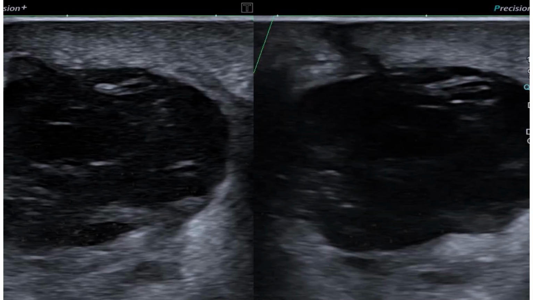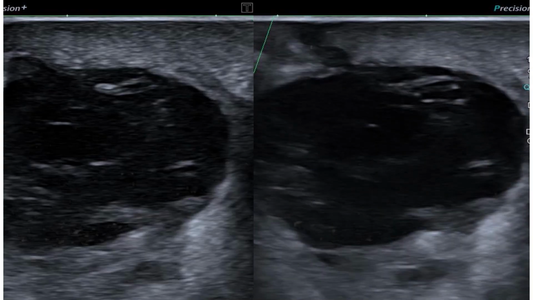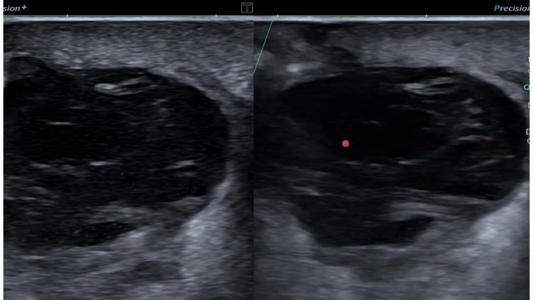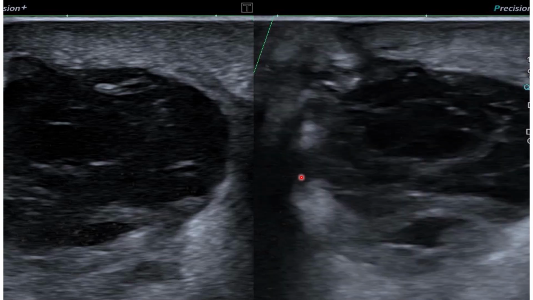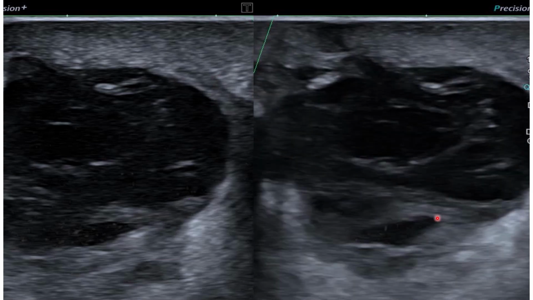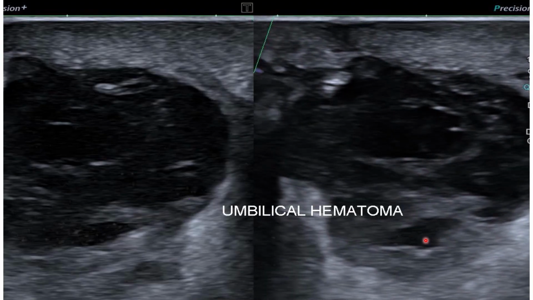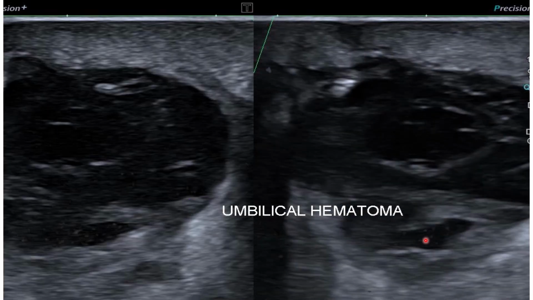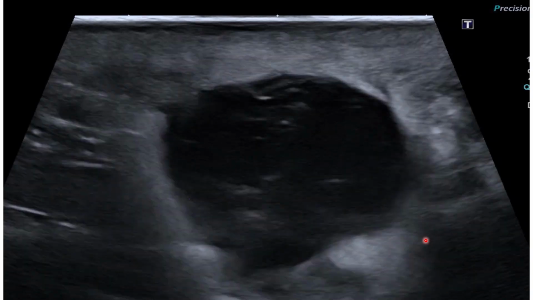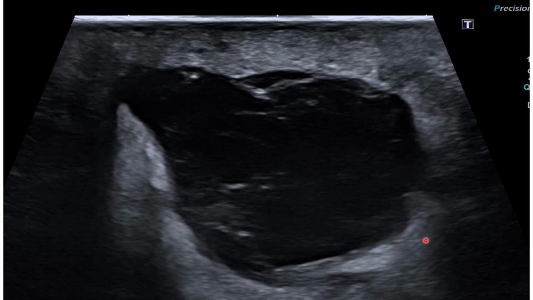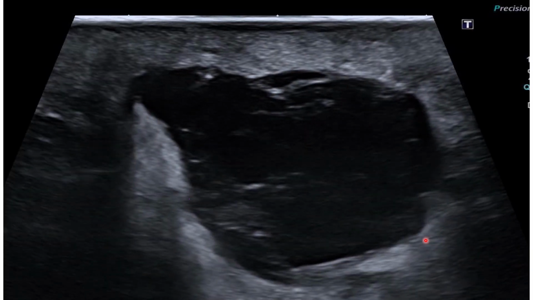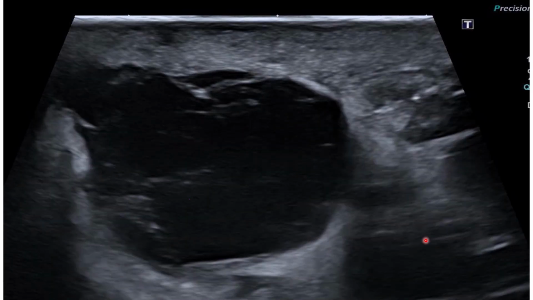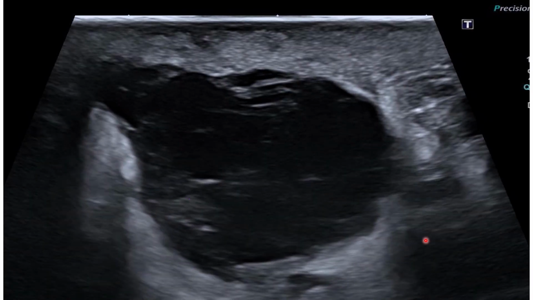An abscess should have high hypervascularity there, and tenderness. This was not tender. It's just the collection that is so hard there on the umbilicus. So this is a post-surgical hematoma. The worst that can happen during surgical procedures is when they perforate a bowel, or perforate a blood vessel.